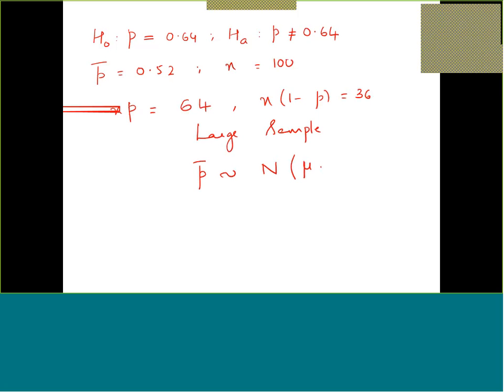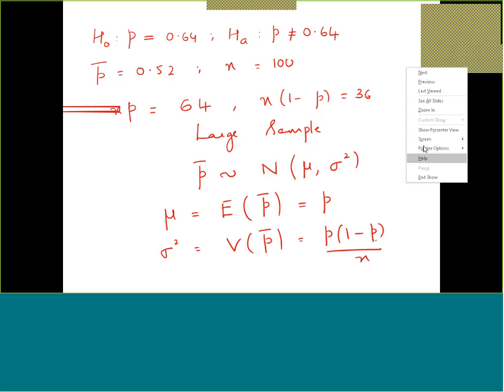with mean mu and variance sigma square. So tell me what is mu? Mu is nothing but expectation of P bar, that is P. And what is sigma square? That is variance of P bar, that is P into 1 minus P by N. Correct?